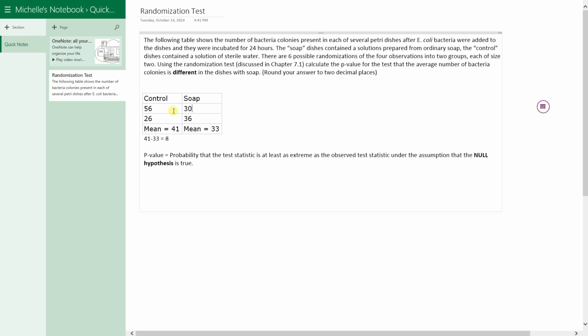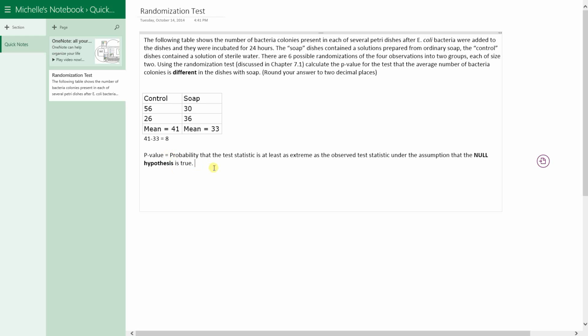By chance, we just happened to have found this 30 and 36 number of bacteria colonies in those two dishes. Was it just random that those two dishes happened to be on average less than the control dishes, or was it actually due to the soap? Okay, so we'll use p-value to calculate this, and we're using the randomization test.